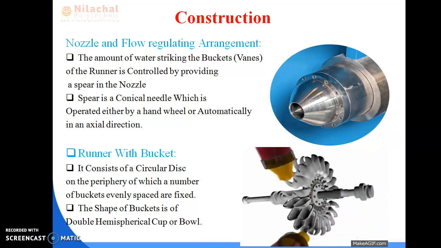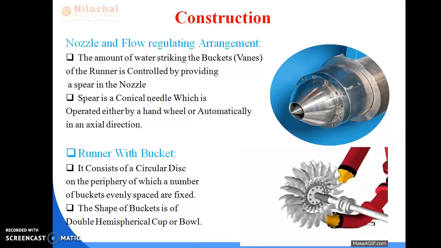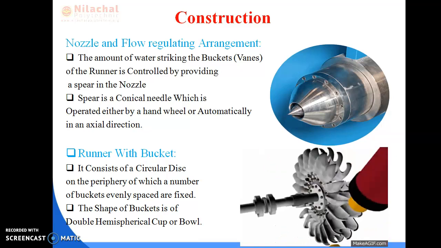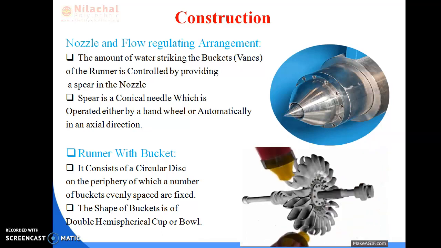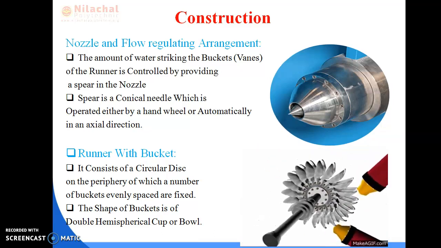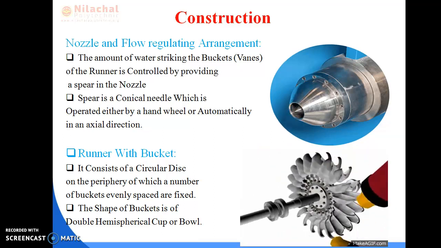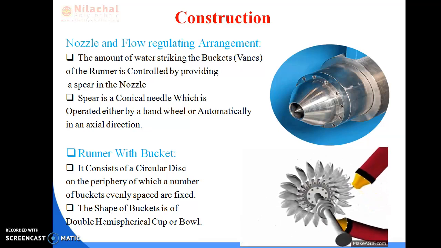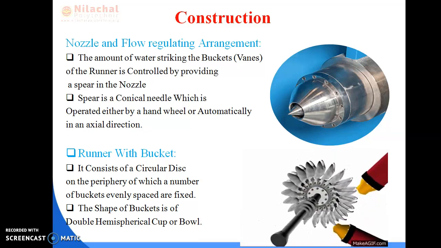While the spear is moving towards the front end, in forward motion, the liquid flow will be decreased and less water will be discharged. While it is moving inside, a large amount of water will be provided to the turbine unit.